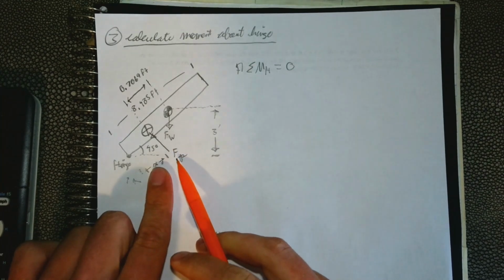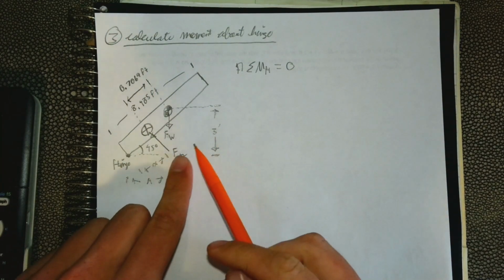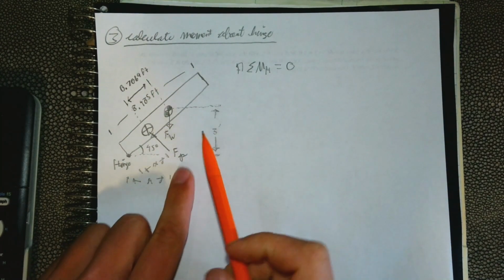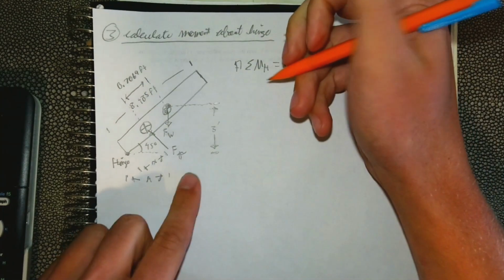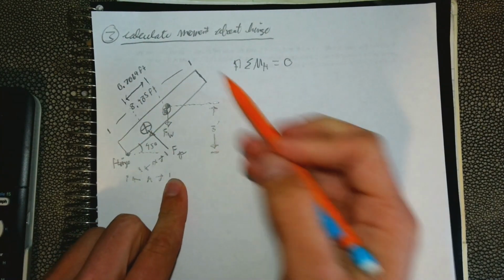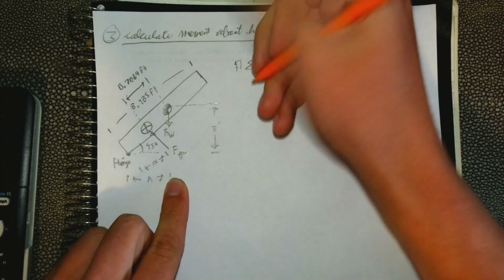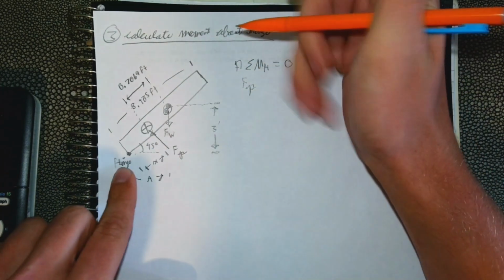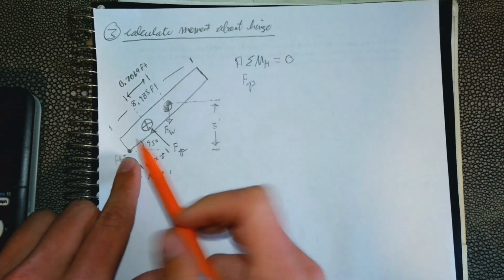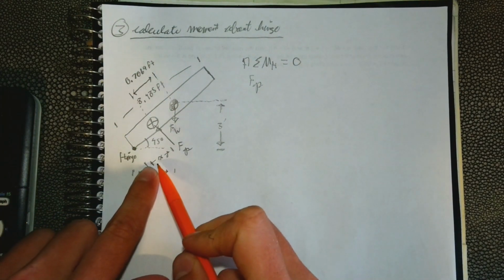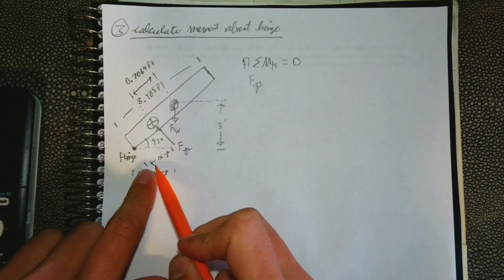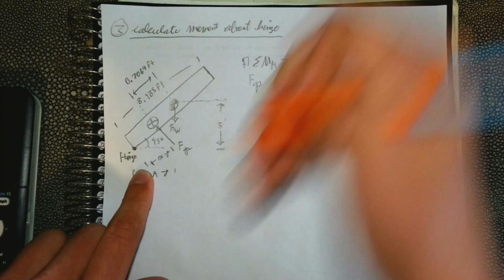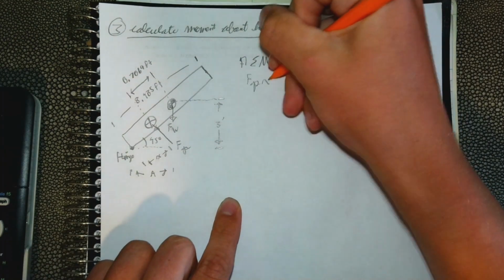So assuming that pressure, which would make sense, the water is on this side of the gate, it's going to be pushing that way. It's going to be counterclockwise. So FP is positive, and we need to multiply that by the distance, this x distance. That's why I labeled that. The perpendicular distance in this case is x, so we need to multiply by x.